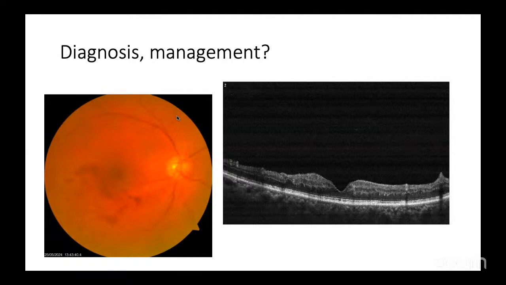It's a colored photo for the right eye. Showing that I can see the media all over is slightly hazy, but there is some intraretinal hemorrhage scattered temporal to the fovea, inferotemporally, and temporal to the fovea.